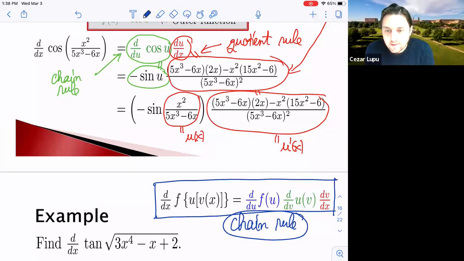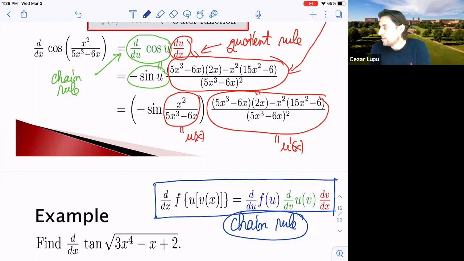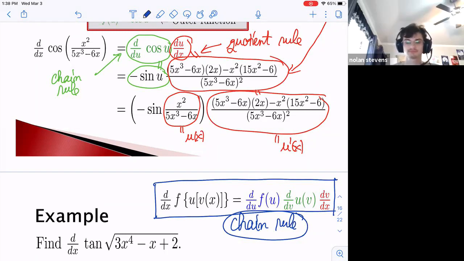F is equal to tangent of, or F of U is tangent of U. So F of U is tangent of U, okay. What else? Who is V?